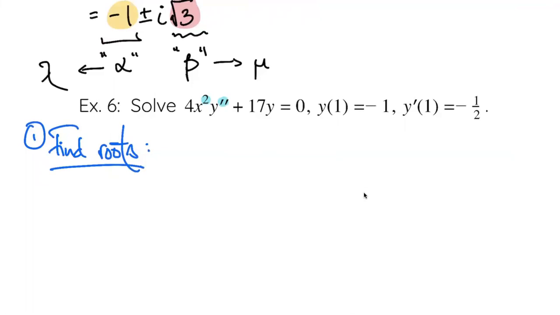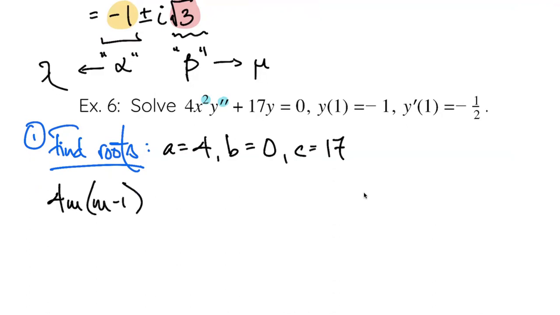And we're going to do that by saying my A is 4. My B is, ooh, let's be careful. B here is 0. And our C is 17. Right? So we get 4m, m minus 1, plus 0m plus 17 equals 0.